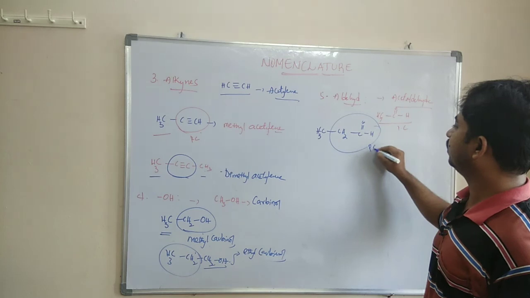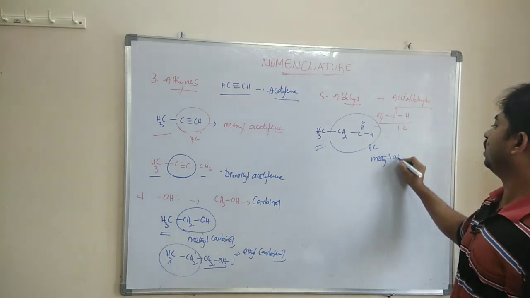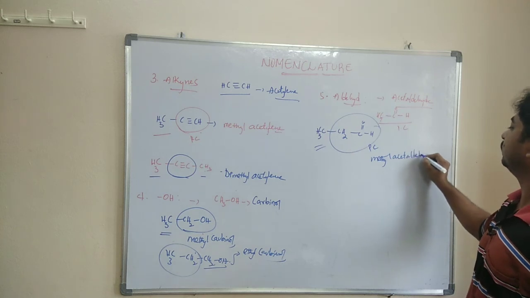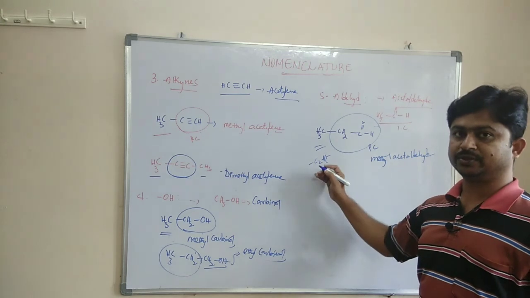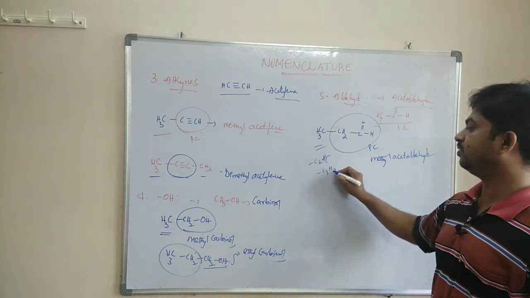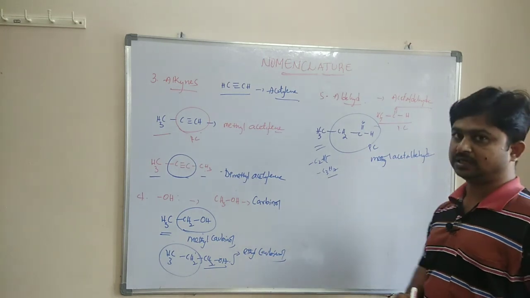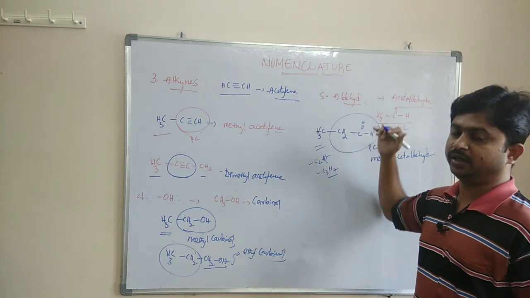Parent chain. Then it is the prefix methyl acetaldehyde. So if C2H5 is there, it becomes ethyl acetaldehyde. If C3H7 is present, so propyl acetaldehyde. Like this, we can get the derived names for aldehyde.